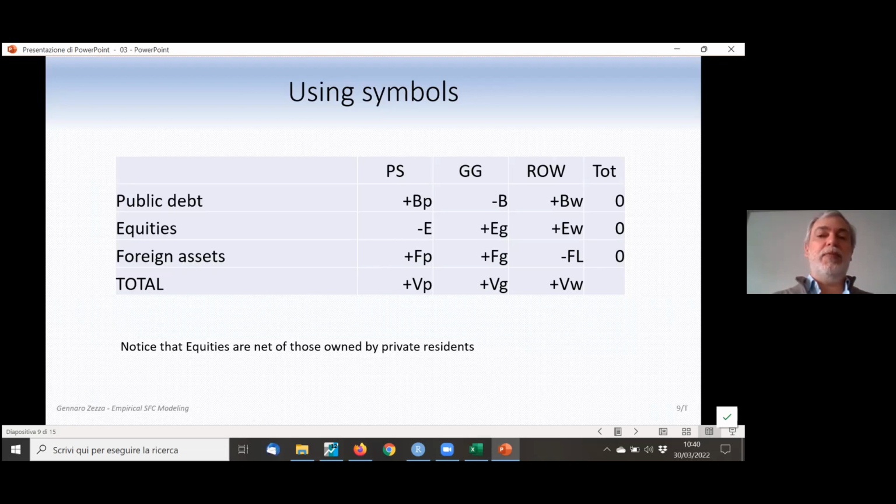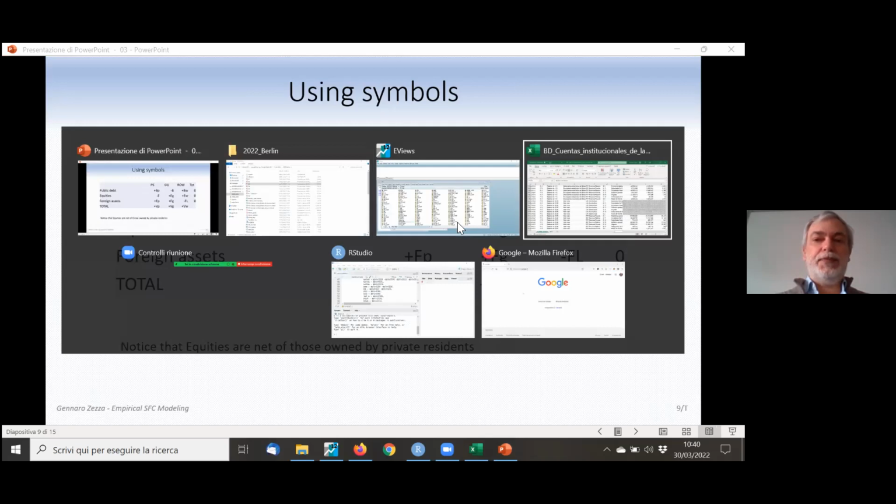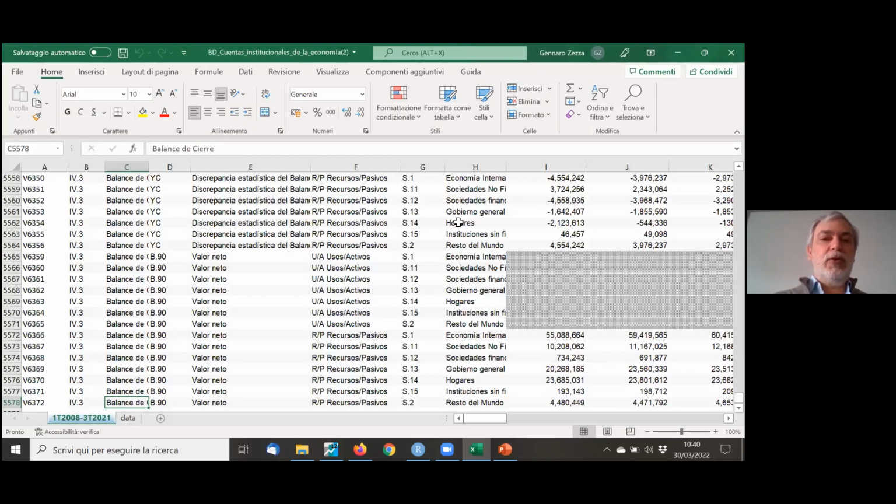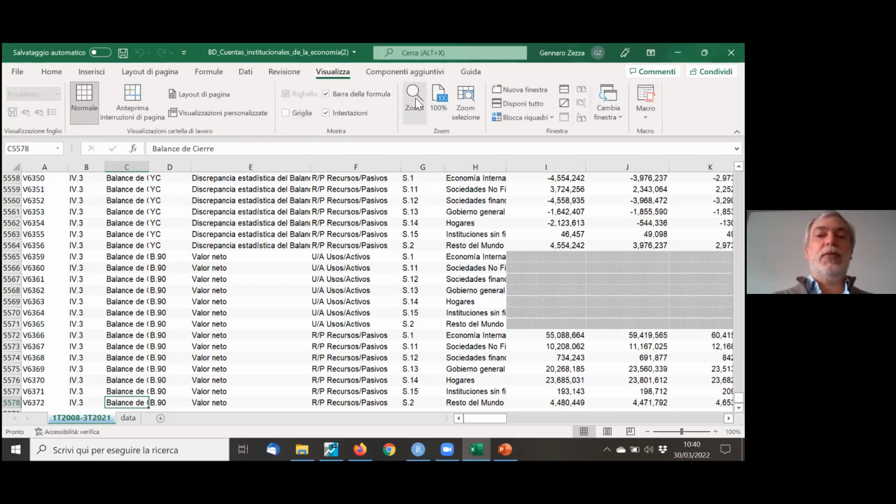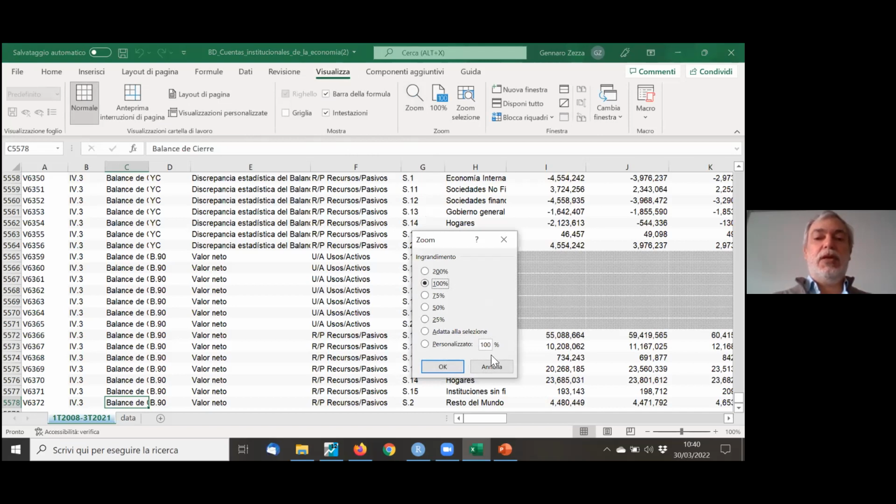And this implies that there is a lot of volatility, which may be also relevant. So we will need to go back to our huge data set. Let me increase it somewhat.